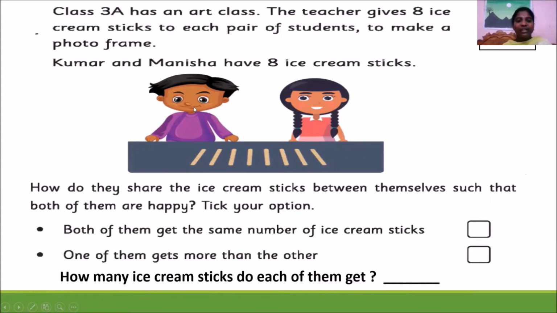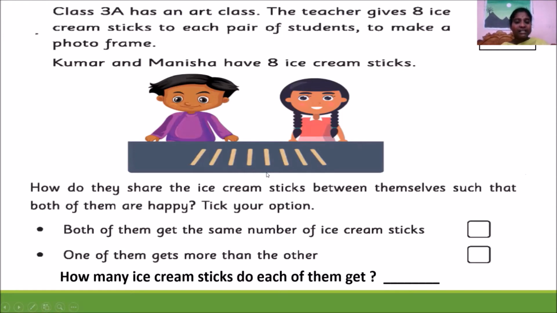Look at the picture. Here you can see Kumar and Manisha. Count and check whether we have 8 ice cream sticks. 1, 2, 3, 4, 5, 6, 7, 8. Yes, they have 8 ice cream sticks.